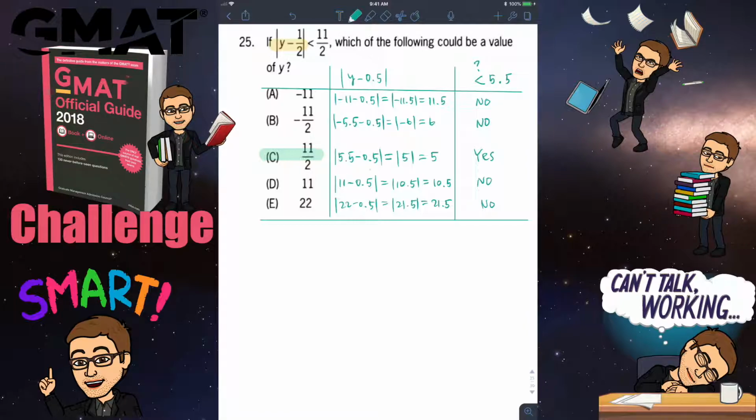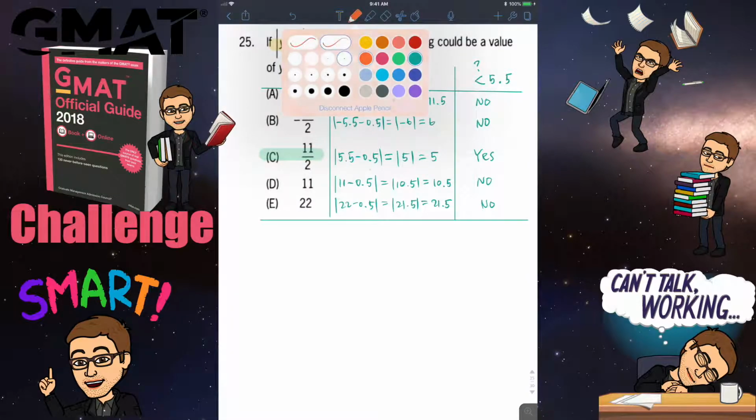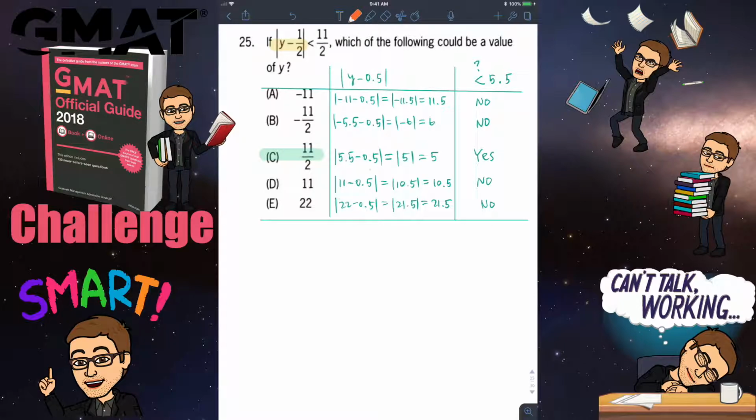So this is method number 1, called PITA. It's in most cases guaranteed to get the answer, but sometimes it could take a while. Method number 2 is if you know how to solve this absolute value inequality.